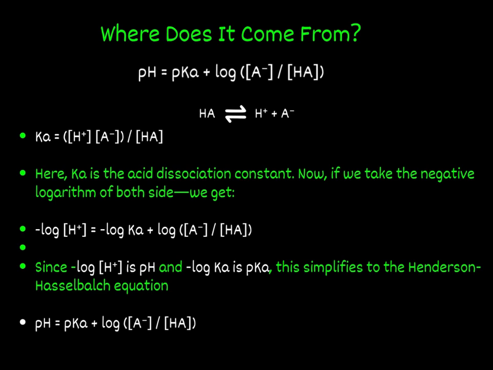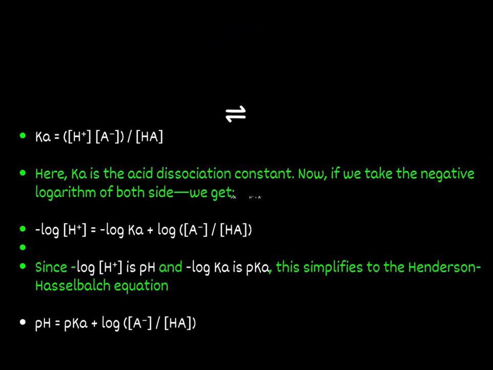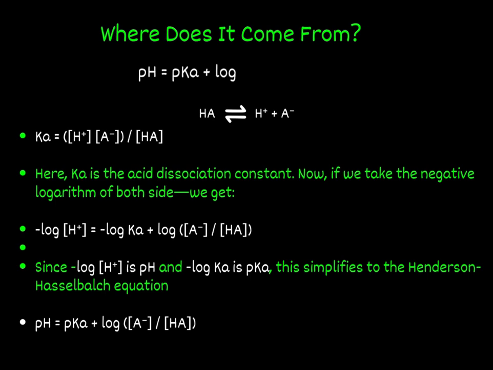Now, if we take the negative logarithm of both sides, because chemists love working with pH, we get -log[H+] equals -log Ka plus log [A-]/[HA]. Since -log[H+] is pH and -log Ka is pKa, this simplifies to the Henderson-Hasselbalch equation, pH equals pKa plus log [A-]/[HA]. It's a beautiful shortcut that skips complex calculations and gets us straight to the pH.